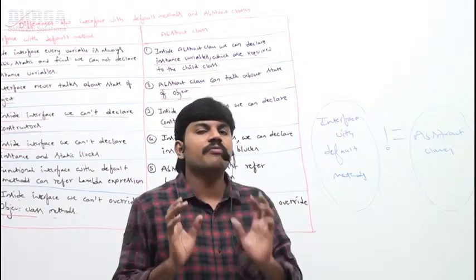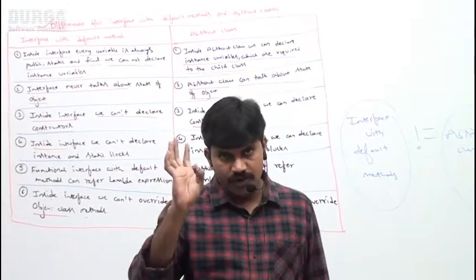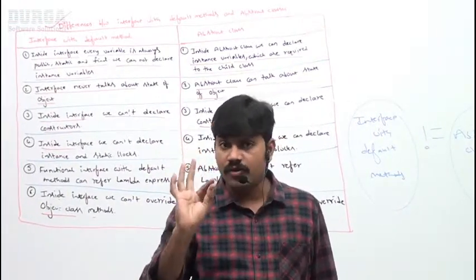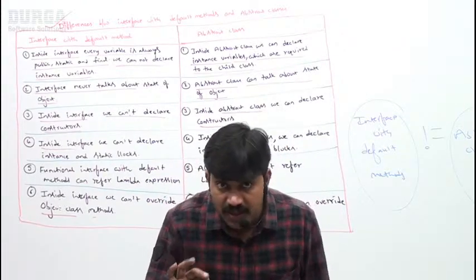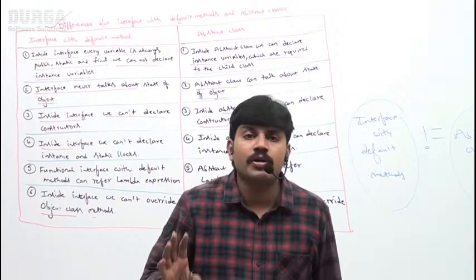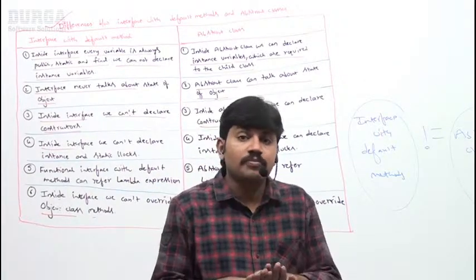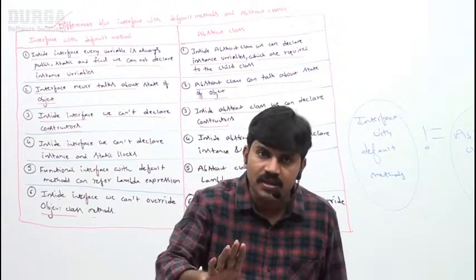That's all. These are the various important points about default methods. What is a default method? How to declare a default method? How can I use a default method in the implementation class? Is it possible to override a default method inside an interface or not? Is overriding an object class method as a default method inside an interface possible or not? What is the reason for that?